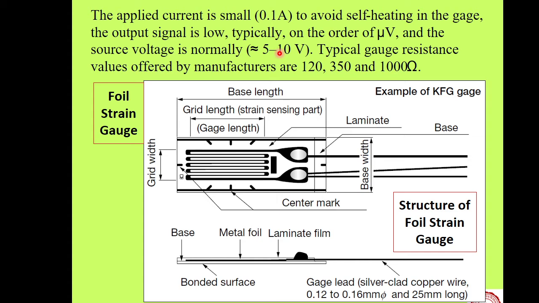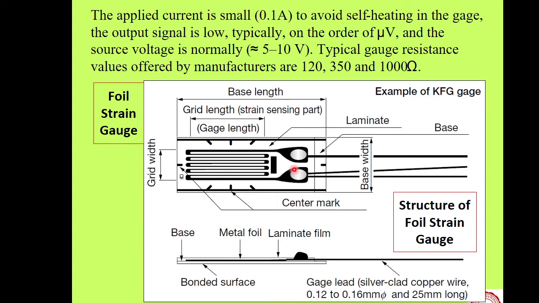We get higher changes in resistance. But by increasing this voltage, what is the net effect? The current through this conductor will also increase. Usually the current is small, 0.1 ampere, and if we increase voltage, this current will also increase. And the heat loss here, that I square R loss as it is called, will also increase, resulting in more heat.